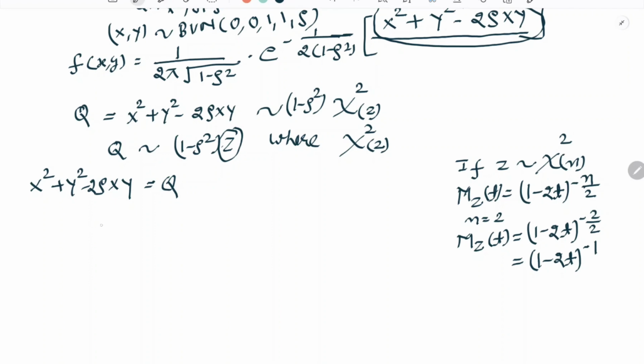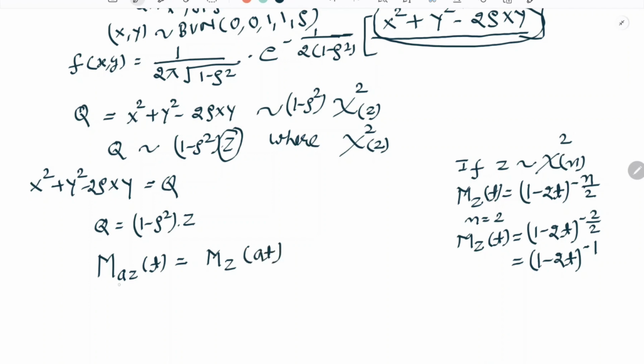Now we need to find the moment generating function of Q, which is nothing but 1 minus rho square into Z. Using the property of moment generating functions, if we need to find the moment generating function of aZ, then this is equivalent to M of at.